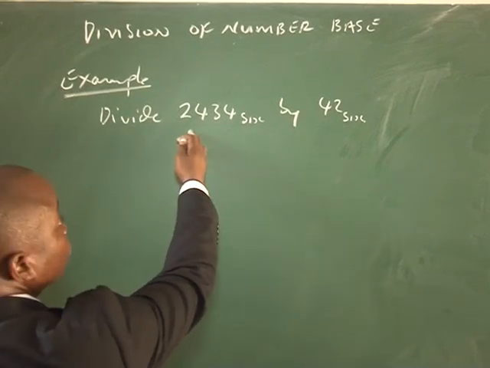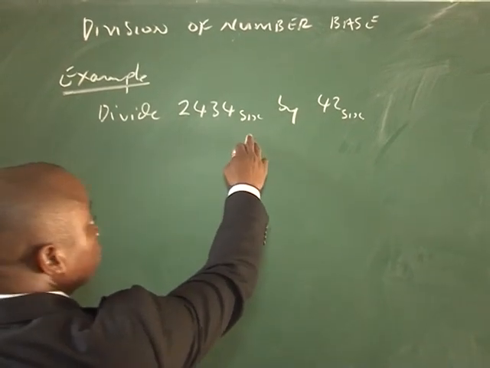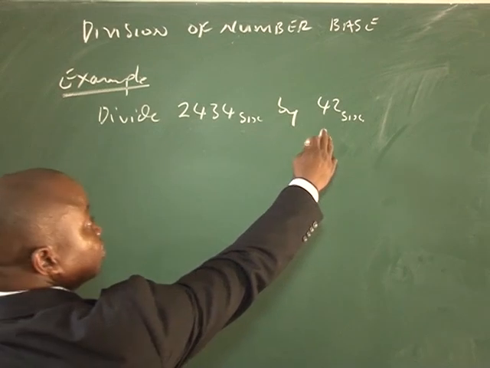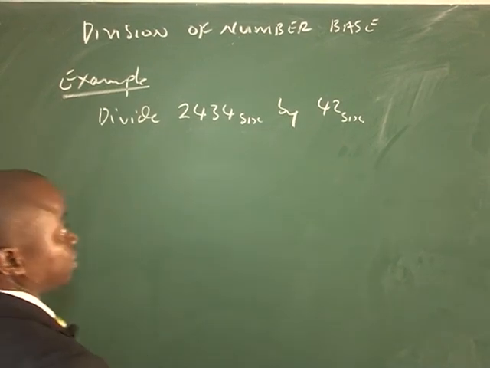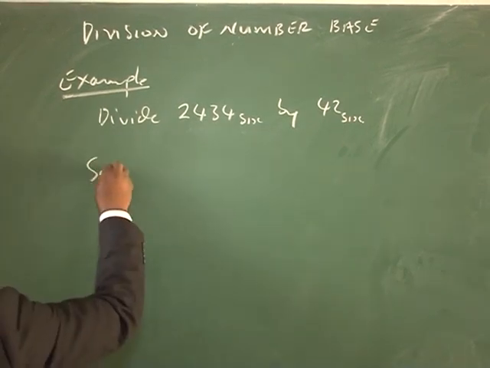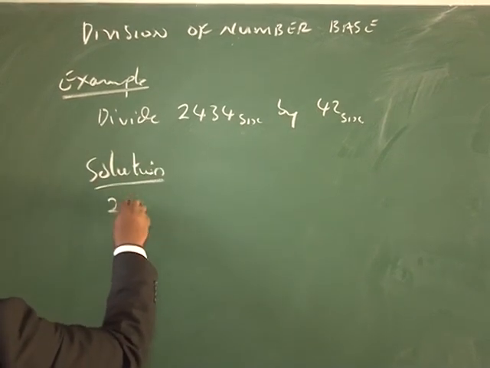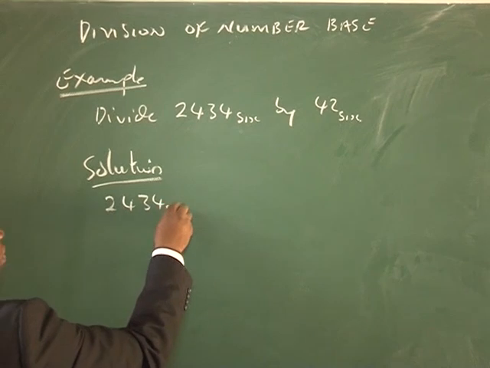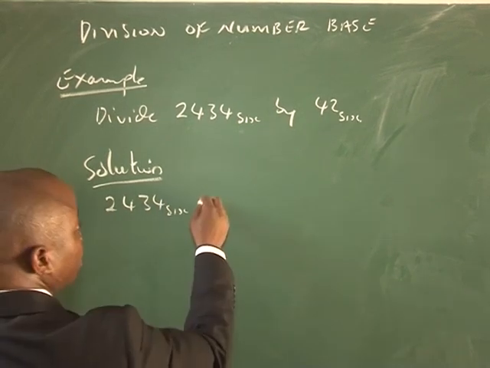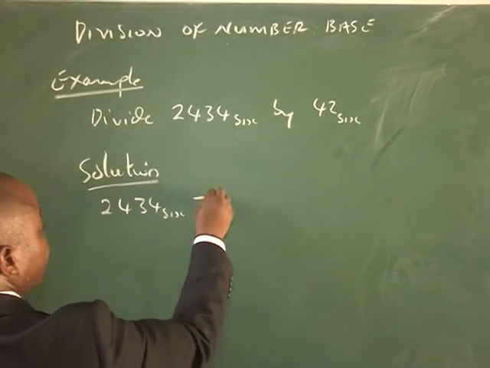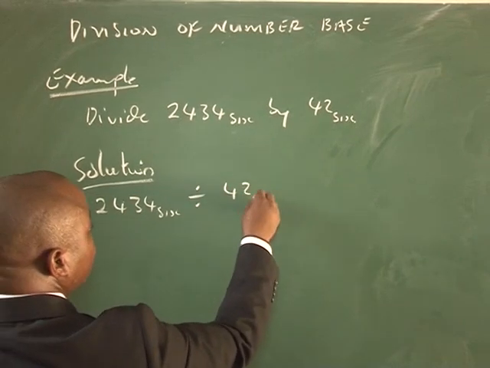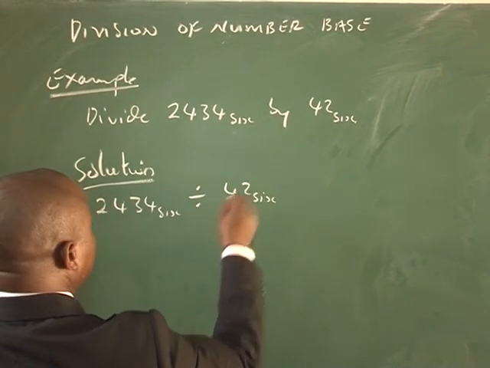Example: divide 2434 in base 6 by 42 in base 6.